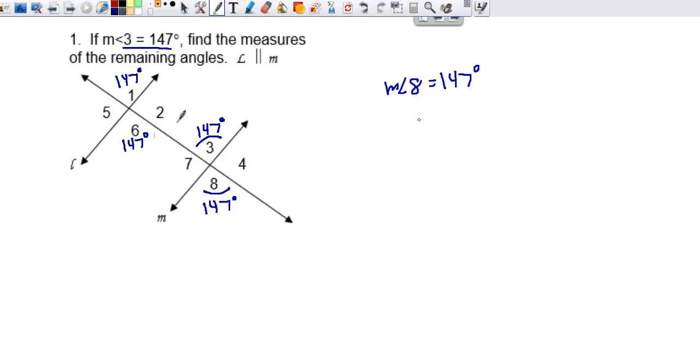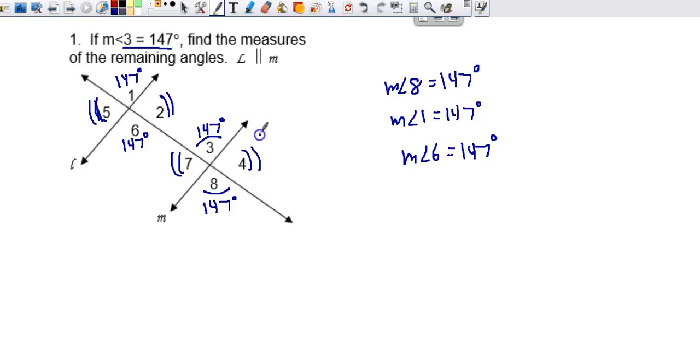And angle 6 is going to be 147. The other four angles are going to be supplementary to that. So these four angles will all be the same degree. And to get that degree, you're just going to do 180 minus 147, which is going to get you 33 degrees.